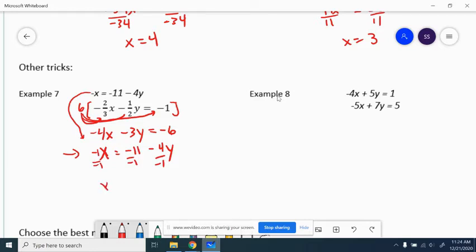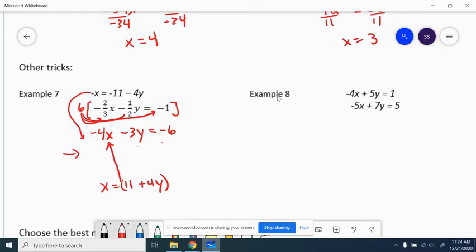So I'm left with x is equal to 11 plus 4y. And now I'm going to substitute it back into, so I'm going to erase this because all I did was solve for x. What I'm going to do is take this expression, x is equal to this, and plug it in for that variable.